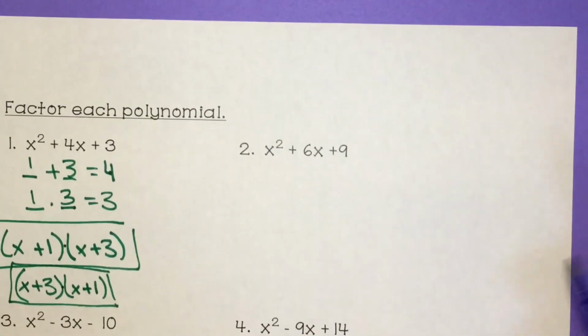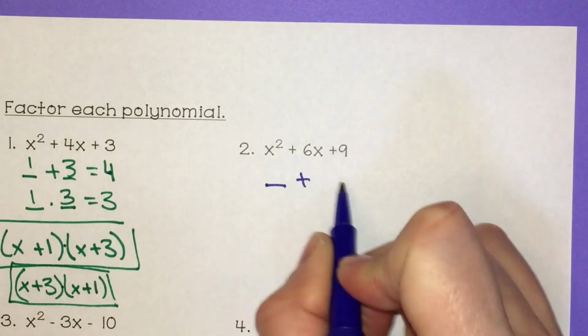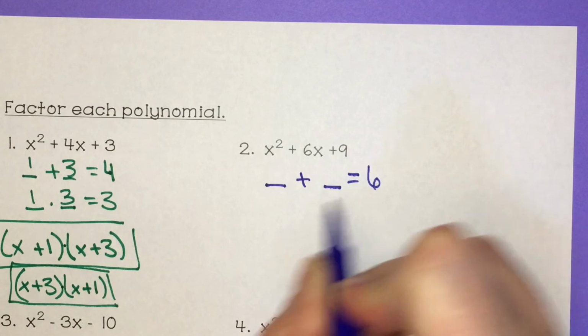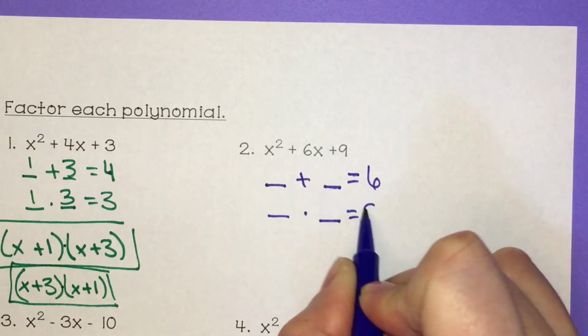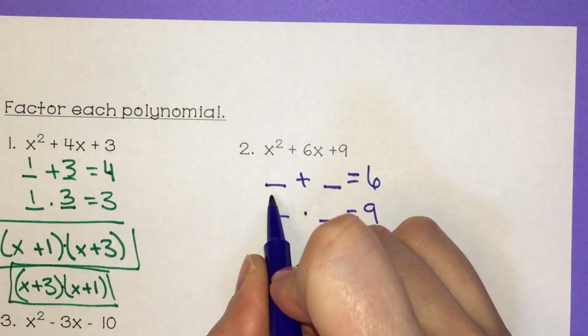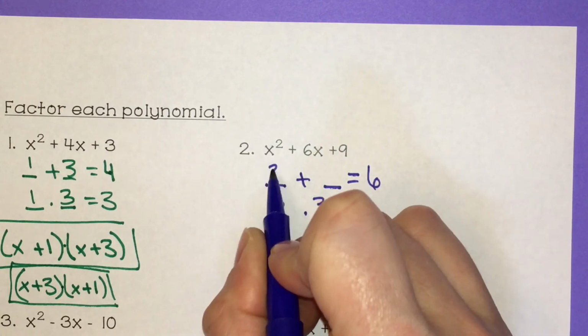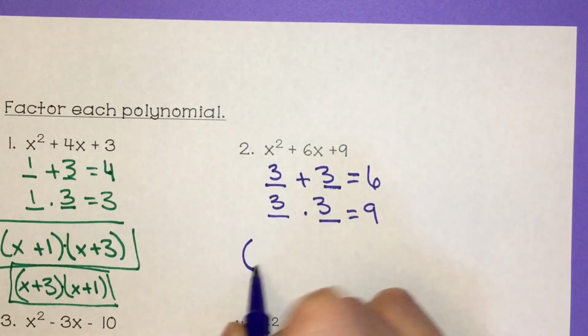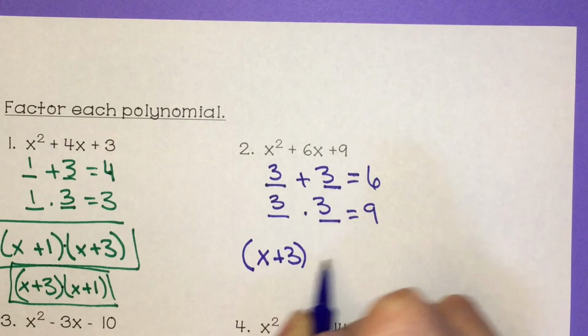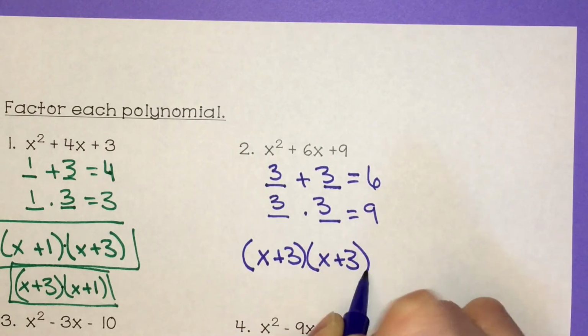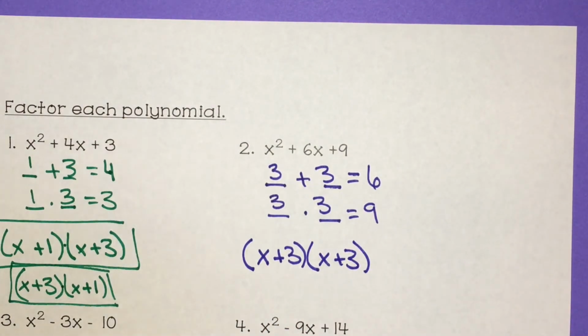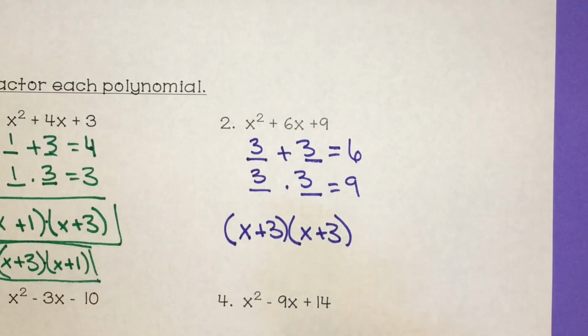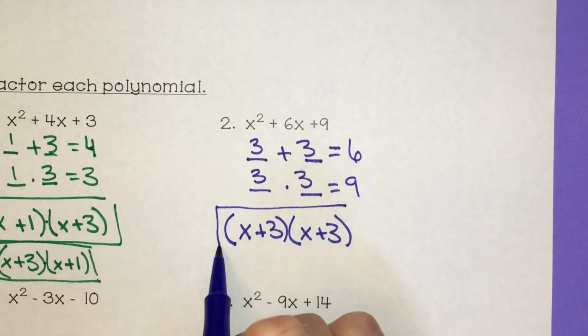All right, so the second one, we're going to have to add to get 6, multiply to get 9. So our numbers are 3 times 3 is 9, 3 plus 3 is 6. So I have x plus 3 times x plus 3. Well, isn't this just x plus 3 multiplied by itself? So if you wrote this as your answer, you're correct.